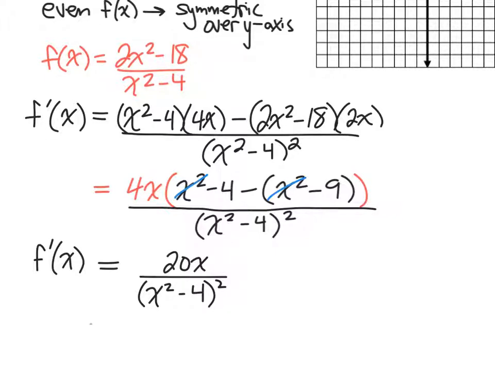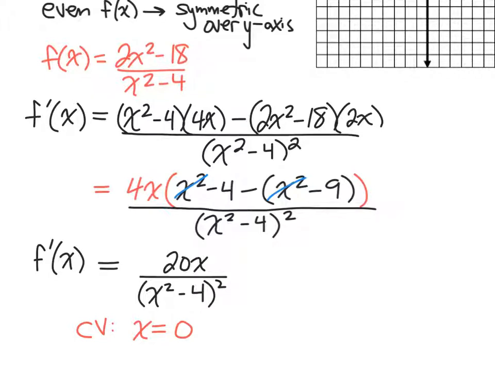My critical value then would be x equals 0. You get that by setting the top equal to 0 and solving it. There are some calculations that just don't need to be shown. When we rewrite this, set it equal to 0 just to show that 20x equals 0, no, I'm not doing that. And you don't have to do that either.